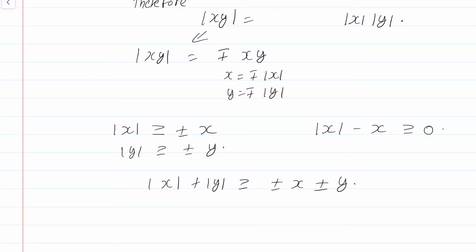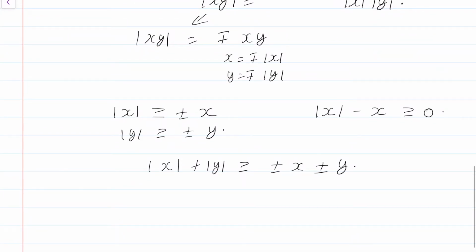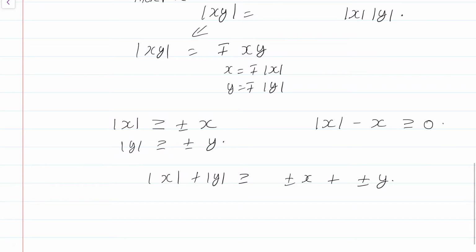Fine? Actually, to be 100% precise, this is a bit confusing. I'll just write plus or minus x plus or minus y. Now, I am being very sloppy in the notation because the proofs here are quite easy, but I shouldn't be too loose so as to confuse you.